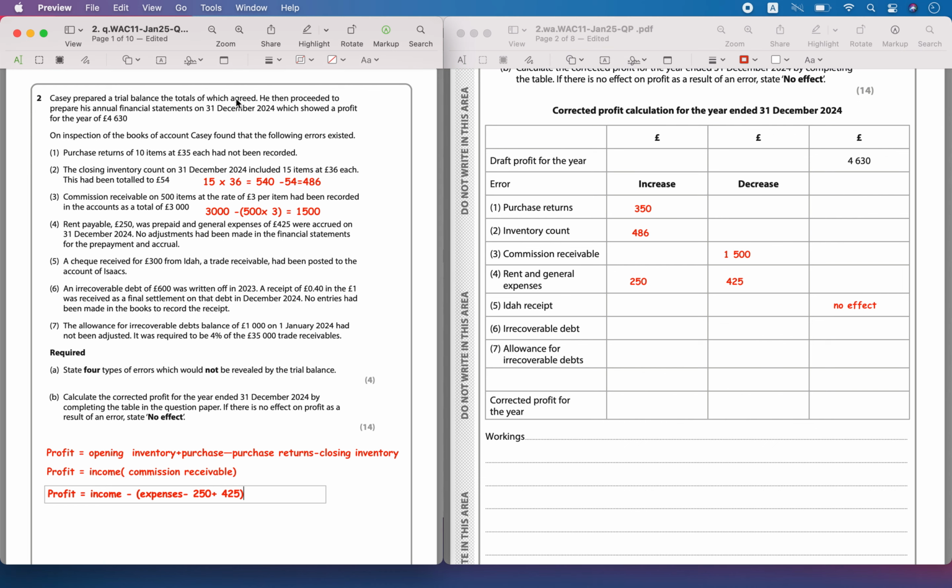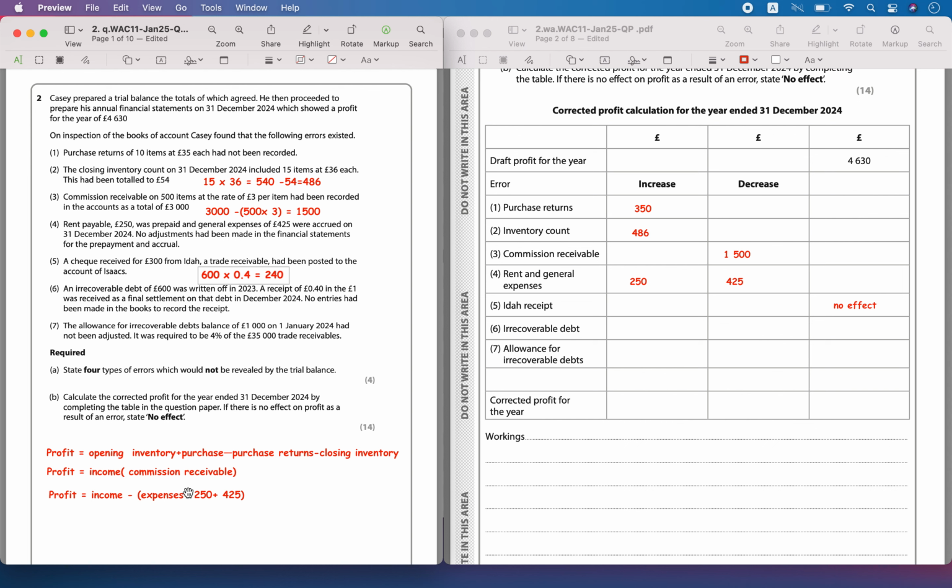So 600 times 0.4 is equal to 240 pounds.